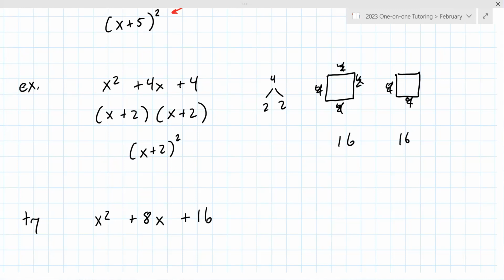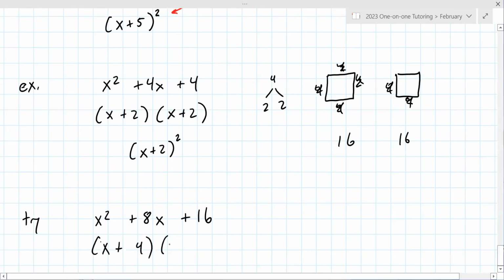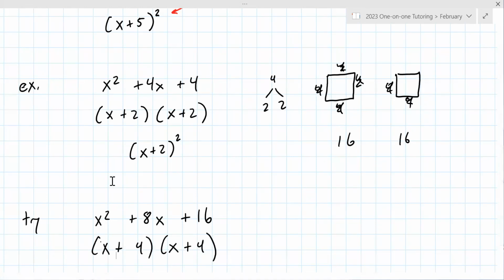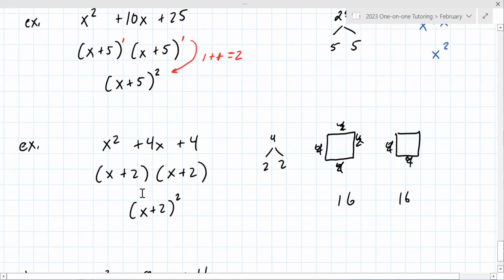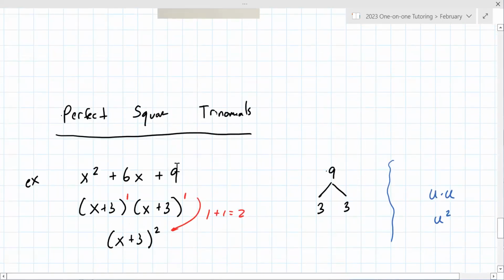Okay, so it's 4 and 4. Yes, x plus 4, x plus 4. After a while, with that whole square and square root idea, what you eventually notice is, go back to the beginning problem, the square root of 9 is 3. See where we came up with that number?